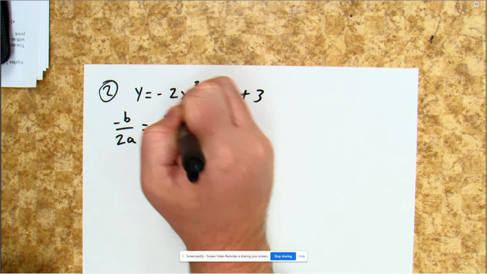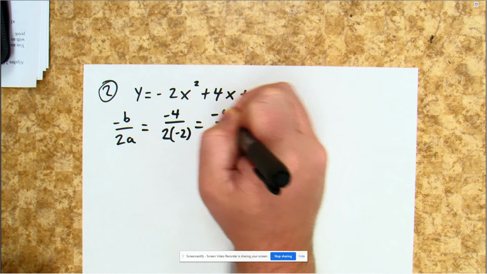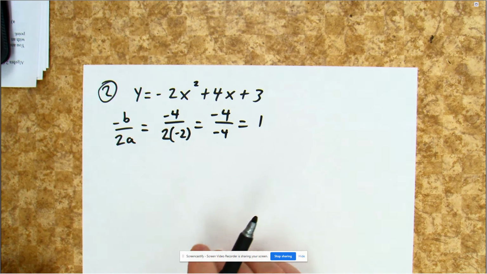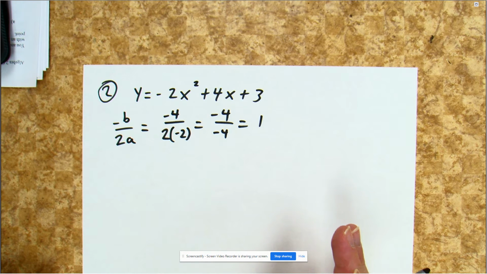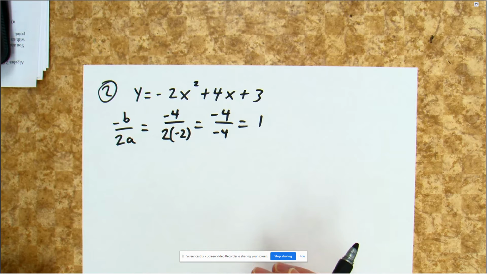Plugging in the values for b and a, we end up with the following calculation. Please be very careful with how you simplify this problem out. If you try typing it into the calculator, there's a high chance that some people will make a mistake. They wanted the vertex because if you look at the choices, each choice is an ordered pair.